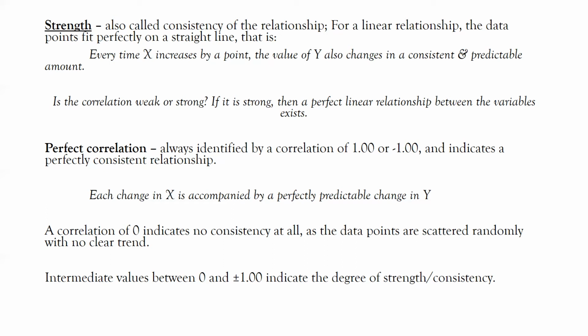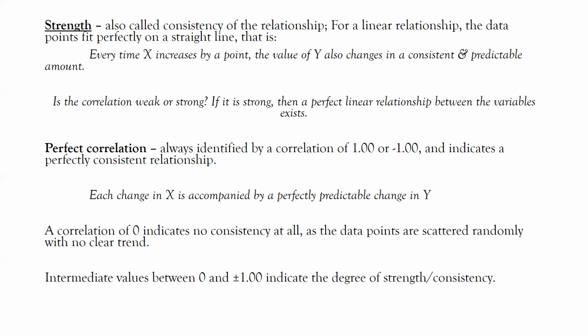That is, every time an x score increases by a point, the value of y also changes in a consistent and predictable manner. So it can be a positive relationship wherein as x increases, the corresponding y scores also increase, or it can be a negative relationship wherein x increases for each and every individual, but y decreases for each and every one as well.